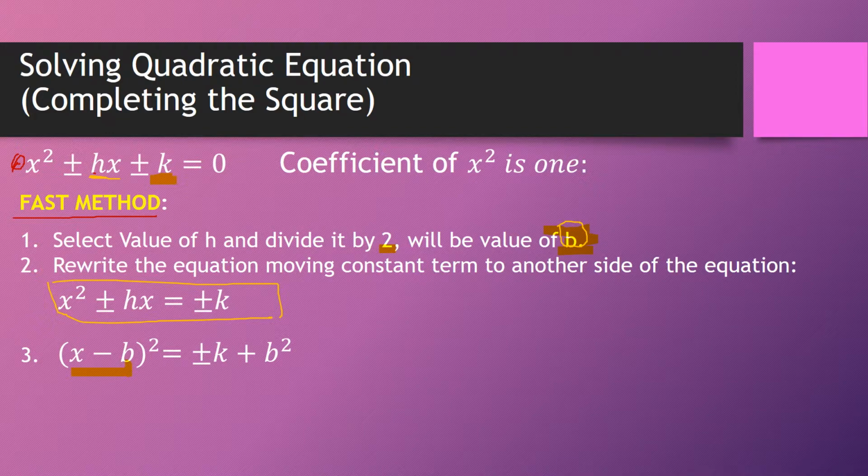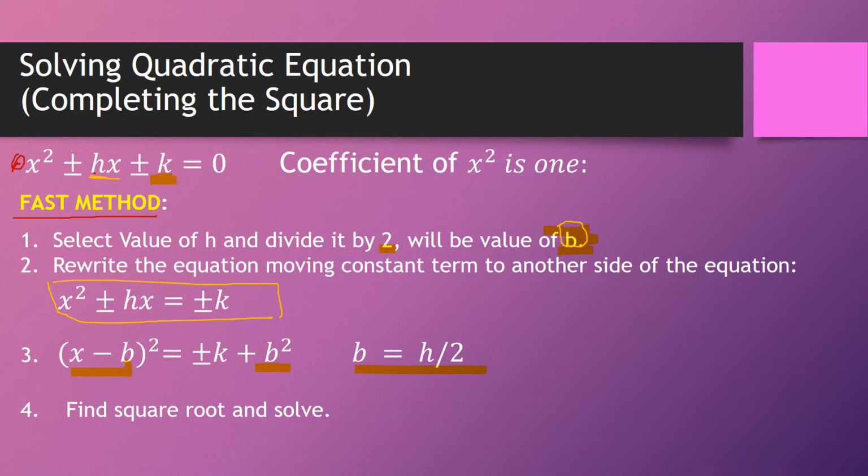Okay? Plus and minus k continue, but now you add, what are you going to add? You add the value of b squared. Finally, you find the square root and solve the equation.